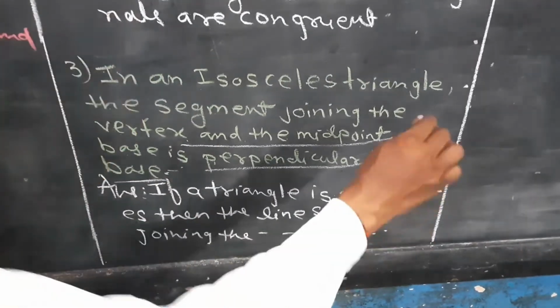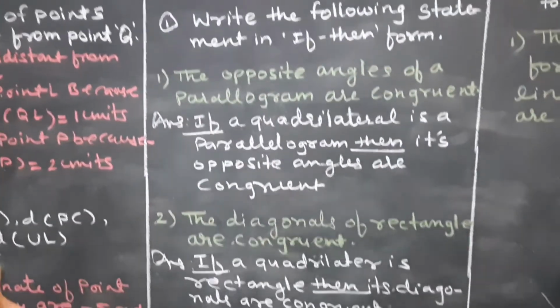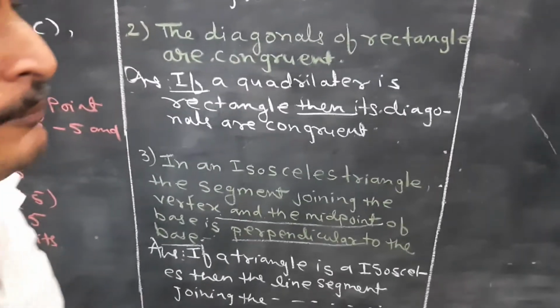It is very easy, dear student. You only have to say the sentence in the form of if and then, to make the conditional form of the given sentence.